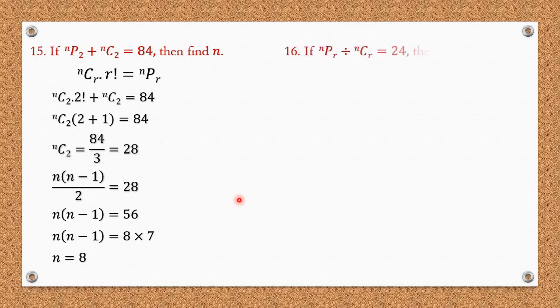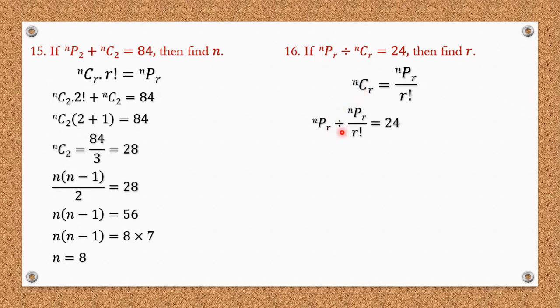Similarly, question number 16, the last question of exercise 6.2. If NPR divided by NCR is 24, then find R. Now here I am going to remind you another form, which is NCR is equal to NPR upon R factorial. So in the place of NCR, I am going to put NPR upon R factorial. That would be NPR divided by NPR upon R factorial.